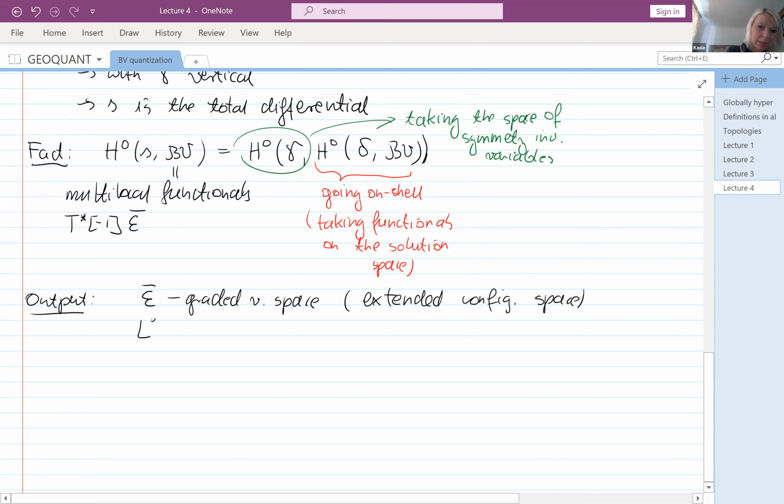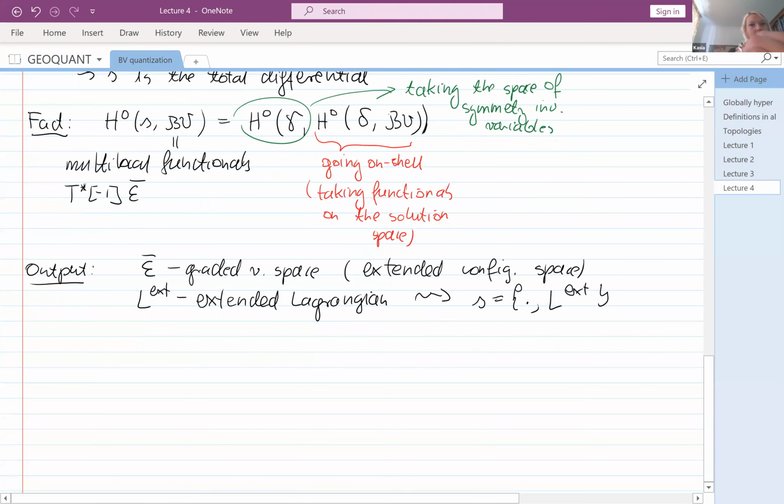Okay, there is this Lagrangian, the extended Lagrangian, which gives us the differential as bracketing with this Lagrangian.